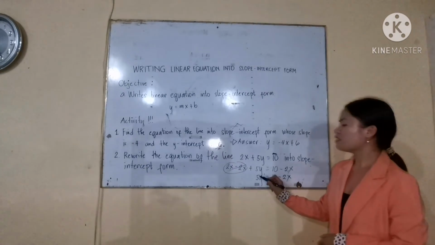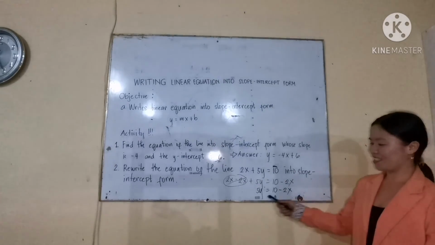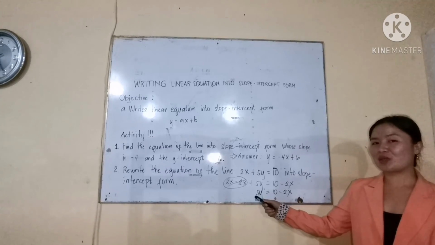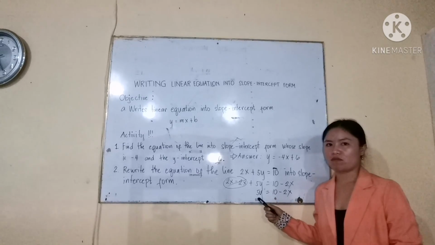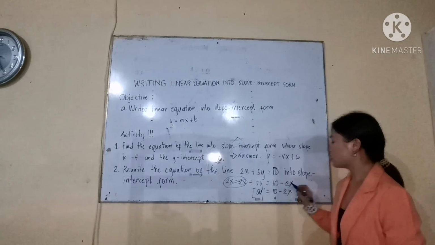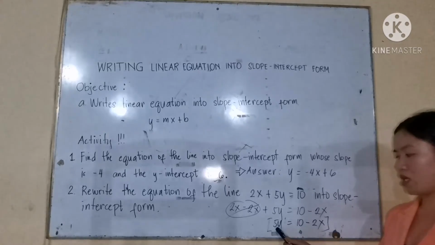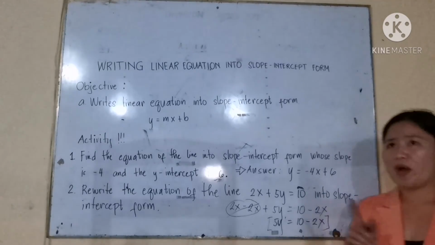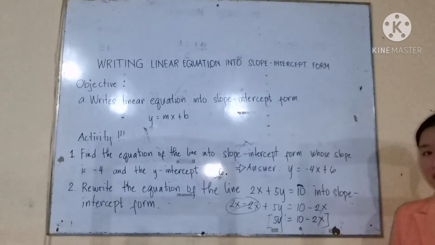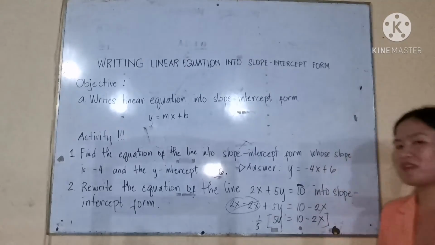Now, are we done? We're not yet done, because the variable y has a numerical coefficient which is 5. We're going to make it 1. What number do we multiply to make it 1? We're going to multiply by 1/5.